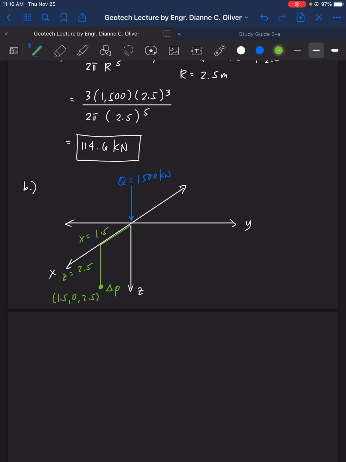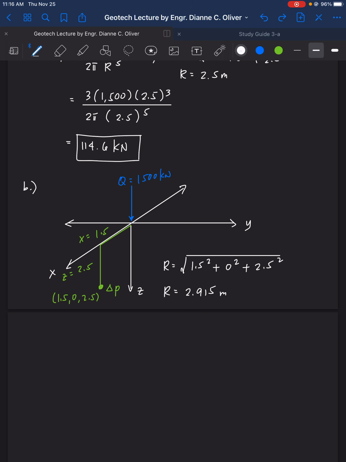That's the coordinate. And if we get the value for R here, that is equal to square root of 1.5 squared plus 0 for the y, then 2.5 squared for the z. So R is equal to 2.915 meters.